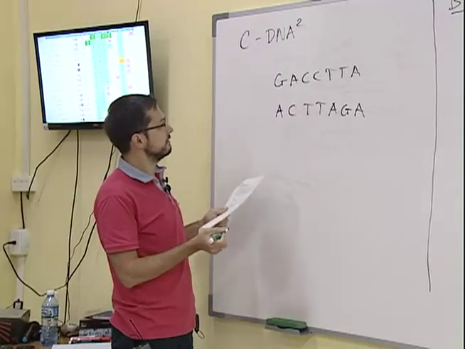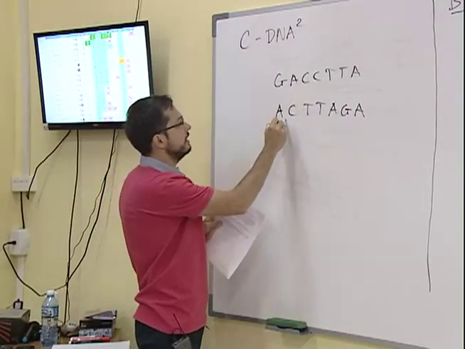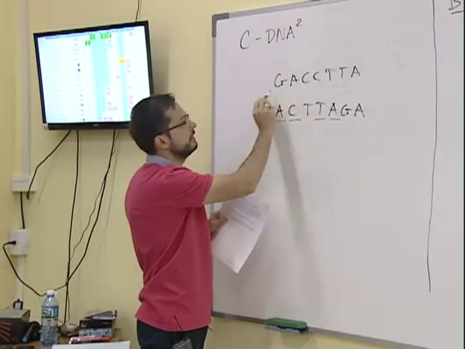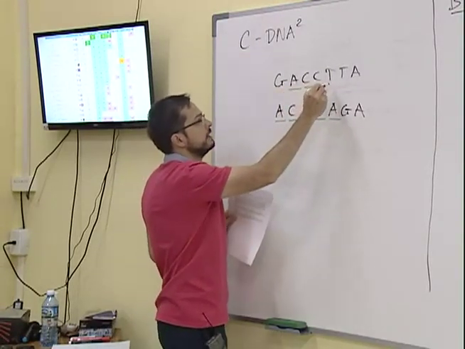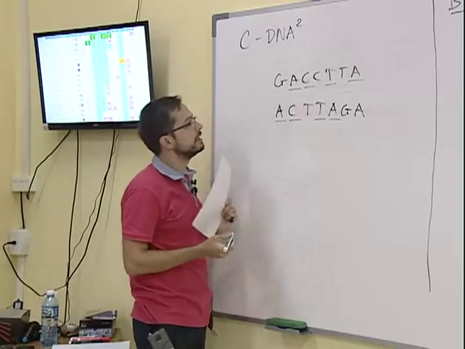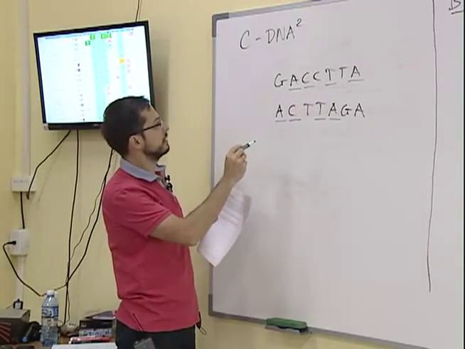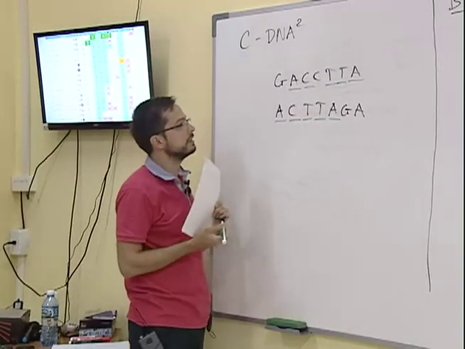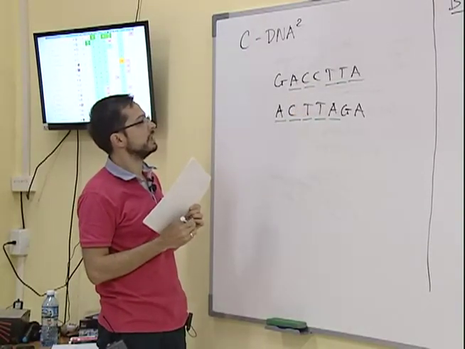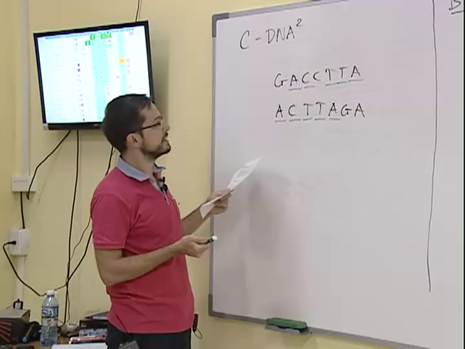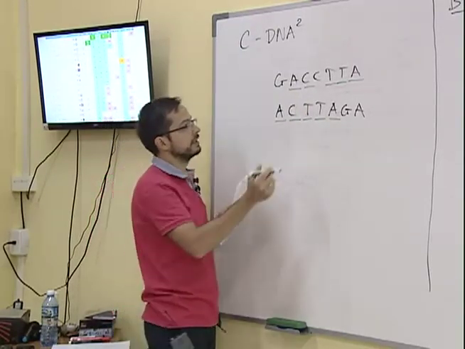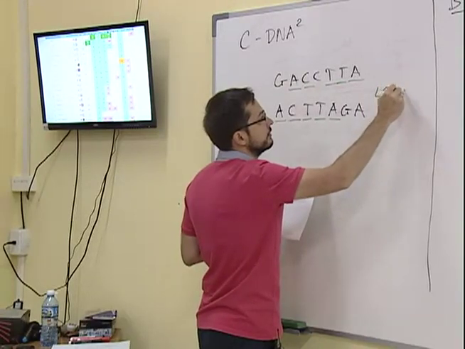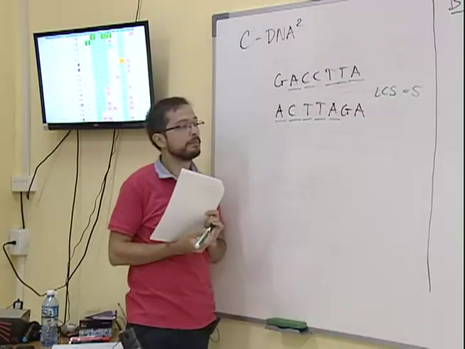So for instance, if I take A, C, T, A, here I can also take A, C, T, A. Actually, I can take an even longer one. I can take this T. So here I produced a random answer where the longest common subsequence of these two is 5.